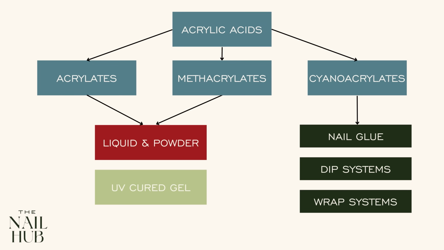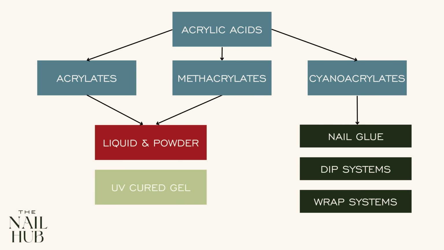Before we get started on actual HEMA, I wanted to explain a little bit about gel chemistry or even nail product chemistry for that matter. Me being a gel nail expert, I often get into the gel nail world, but there's a lot of other nail products in our industry as well. We derive acrylates from acrylic acids.